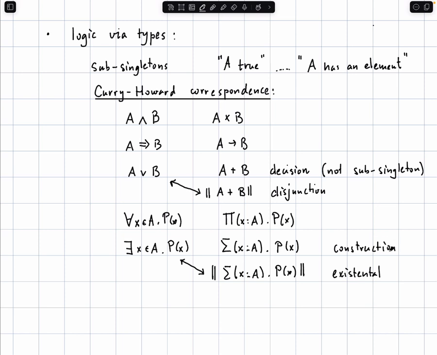So what's the difference? Here you prove that something exists, and whatever your proof was, you forget what it is that you found, right? Because if there is an x in A satisfying P of x, then this type will be a singleton. So as evidence, you will offer the equivalence class that's the only element.